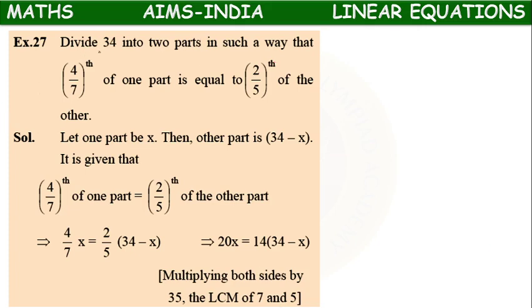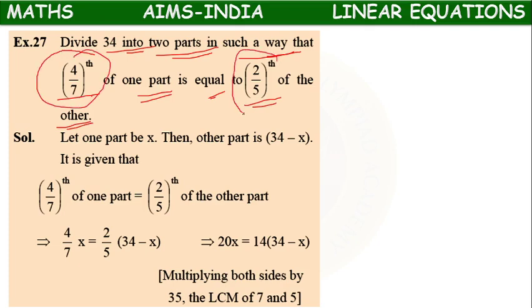Divide 34 into 2 parts in such a way that 4 by 7th of one part equals 2 by 5th of the other. From 34, we are making 2 parts.